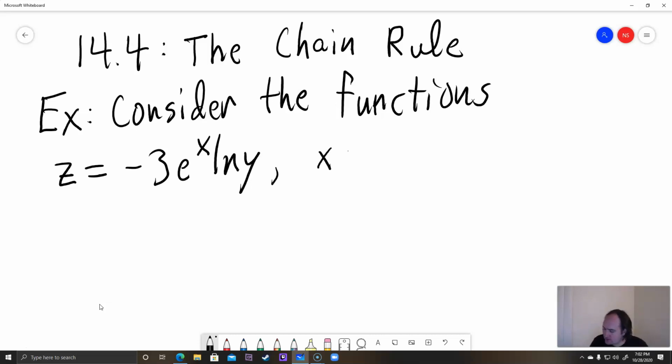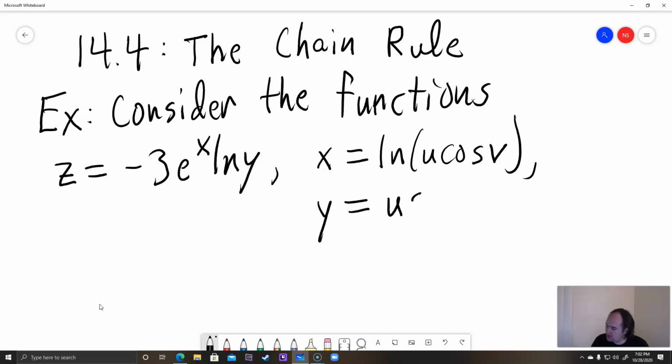Okay, x equals ln of u cosine of v, and then y equals u sine of v. This was about the hardest one I could find for my example, so I tried to choose a challenging one so you could see hopefully all the tricks.